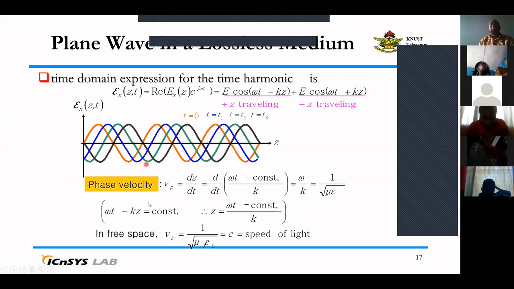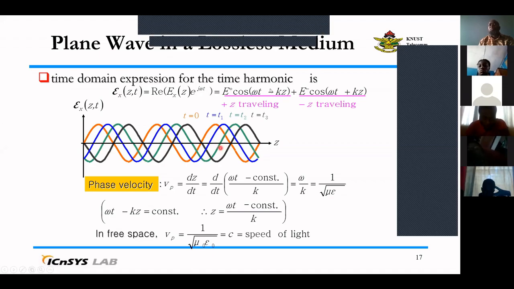Now, this here is the, if you want, the most important aspect of this demonstration, because you look at ωt − kz here, which is supposed to be a constant because the variation has to be constant, then ωt − kz must be equal to a certain constant, right?